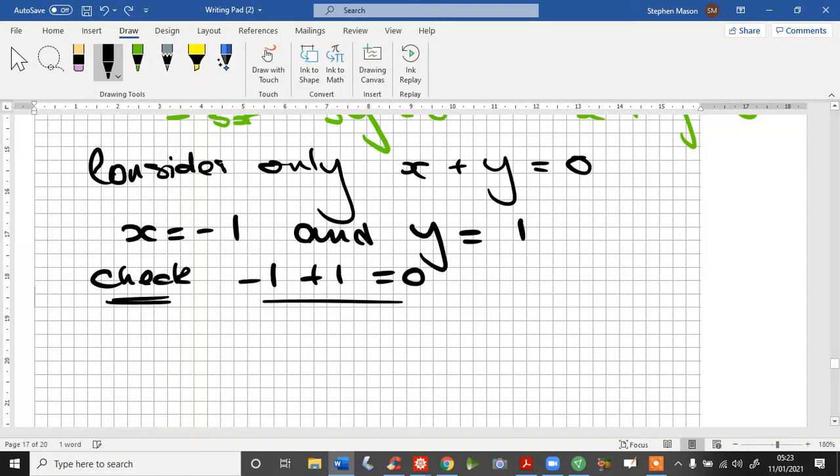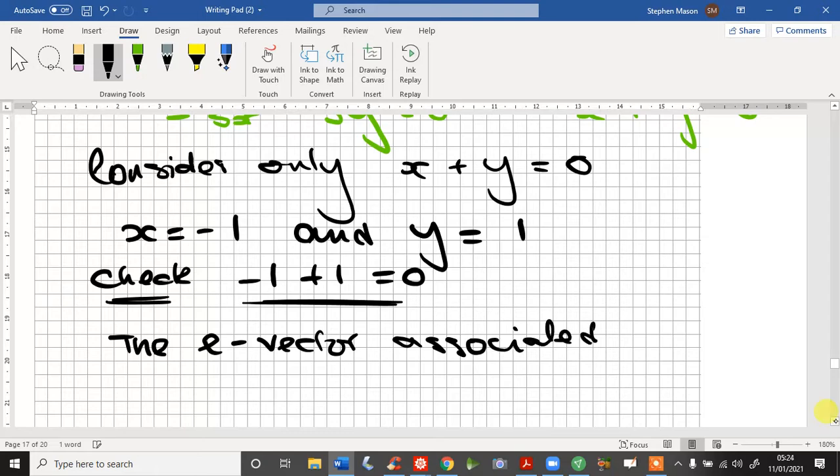Okay, so we've got an eigenvector associated with lambda equals 1.